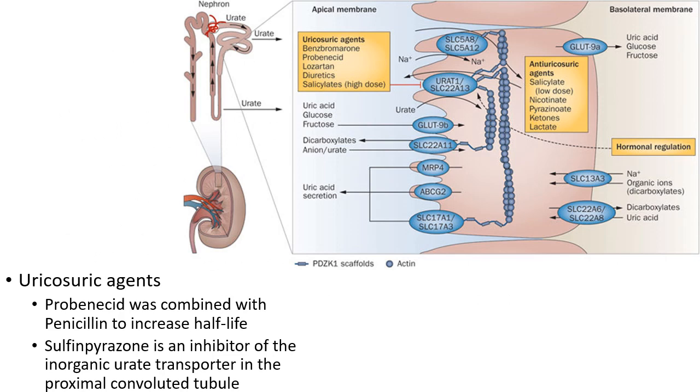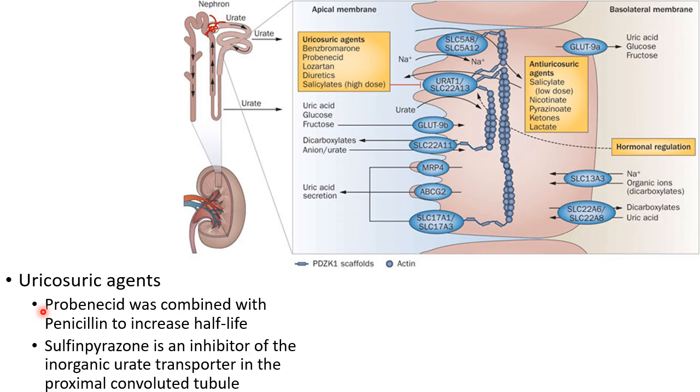And lastly, you have here your uricosauric agents, or technically agents that increase the elimination of uric acid through the urine. So we have two agents here, probenecid and sulfenpyrazone. Probenecid is not really used right now as a uricosauric agent because it is less effective, plus it is toxic. But you can still see probenecid in combination with penicillin.